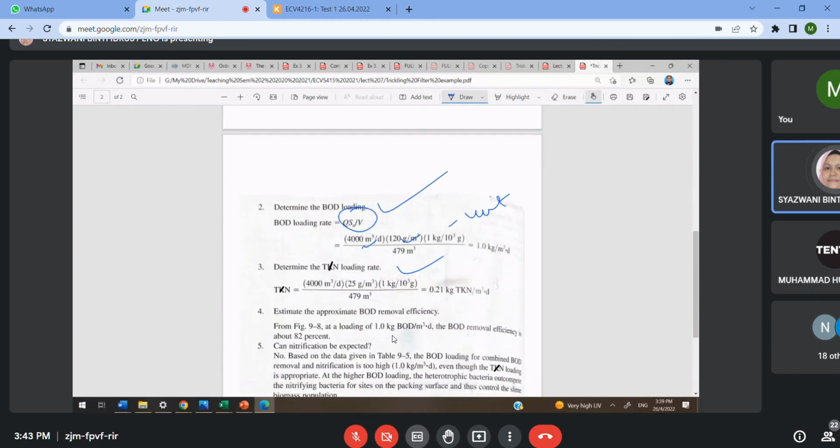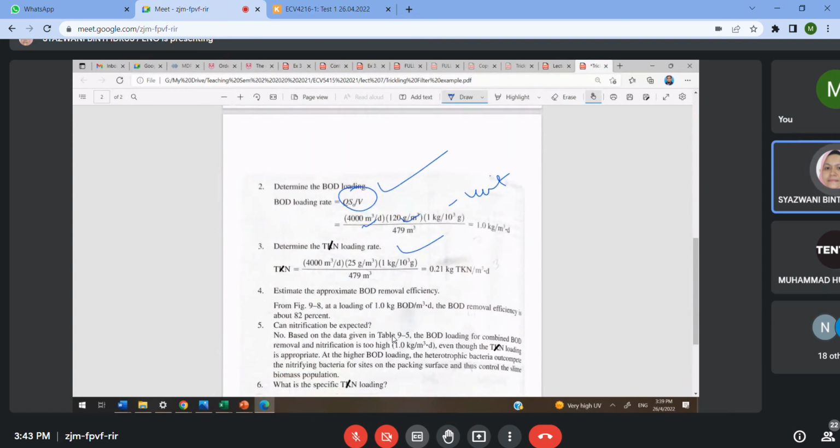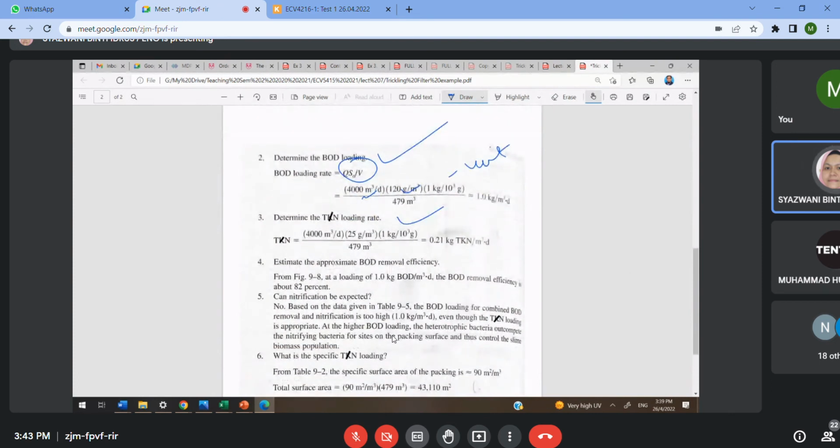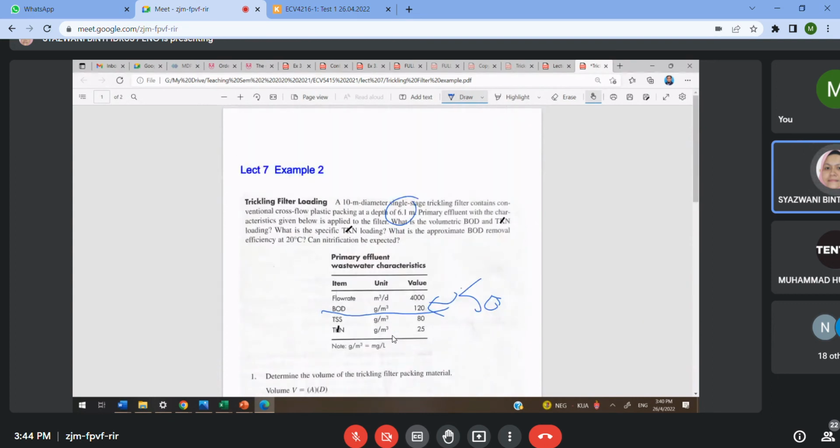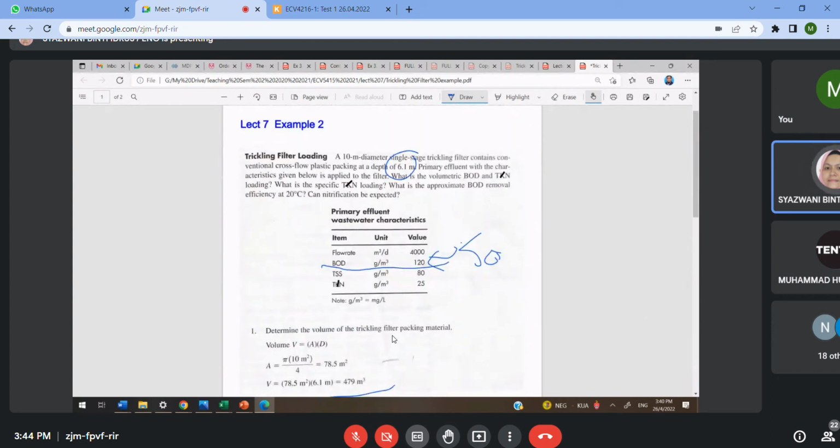Next, you have to determine the total nitrogen loading. Total nitrogen loading rate, you still use more or less the same formula, but you have to change the S naught. So in this case, just now, when you calculated for the BOD, you used 120.